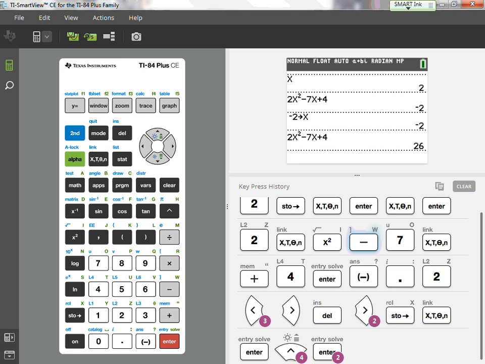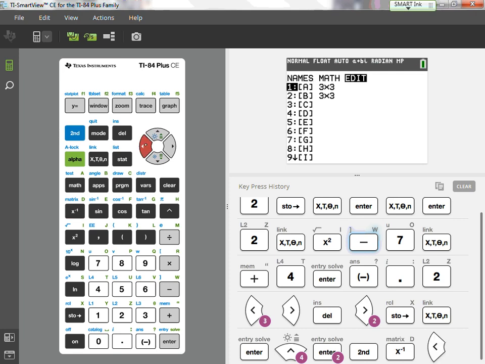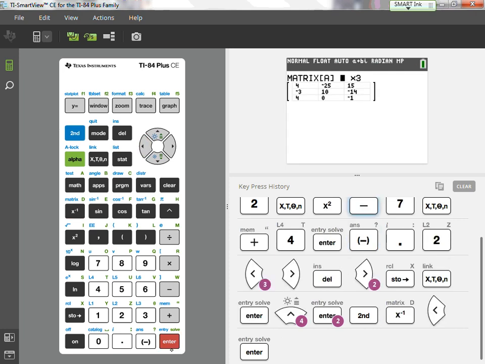I'm just going to pick 2 matrices. It doesn't matter what they are. Second matrix. Go over. So I've defined one of them to be this here. 25, 15. -3, 10, -14. Four, 0, -1.